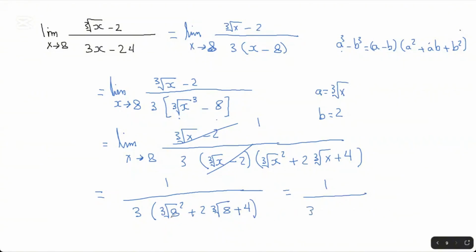The cube root of 8 is 2. 2 squared is 4, so that's going to be 4. And here the cube root of 8 is 2 times 2 is 4, plus the 4 that's still there. This becomes 1 over 3, and 4 plus 4 plus 4 is 12. And it's going to be 1 over 3 times 12, which is 1 over 36. And that is your answer.